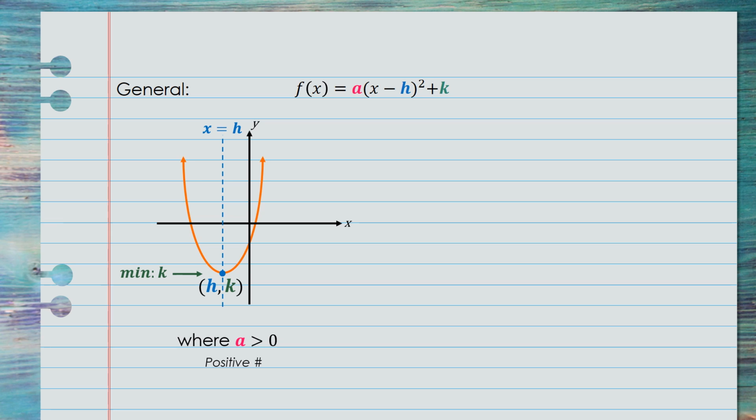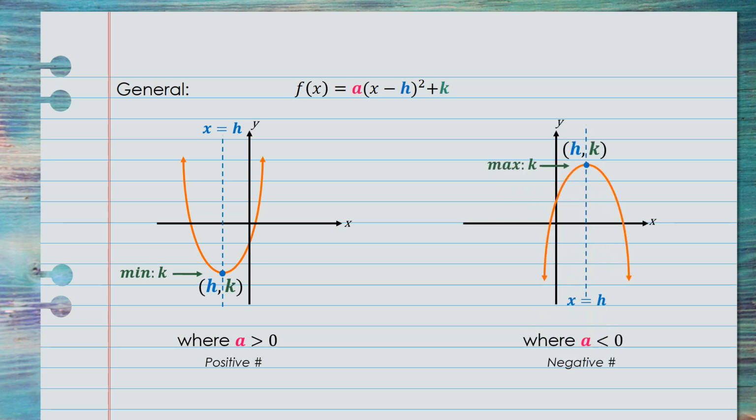Now that is if your value of a is positive. If your value of a is negative, or less than 0, it will be a downward facing parabola. Since it's a downward facing parabola, it has a slightly different characteristic. We read the graph from left to right and we say it's going up, up, up. Then it hits this high point and then it changes directions and begins traveling down, down, down. Now at the point where it changes directions, we call that the vertex, which is represented by h, k.